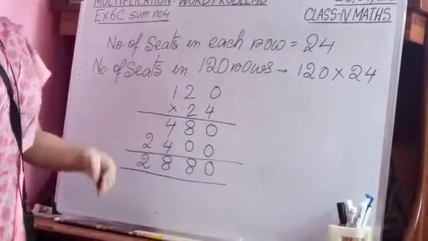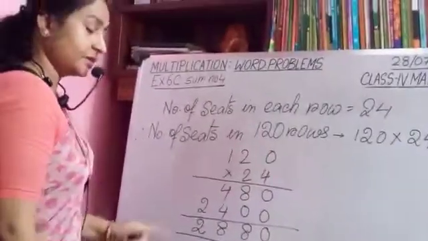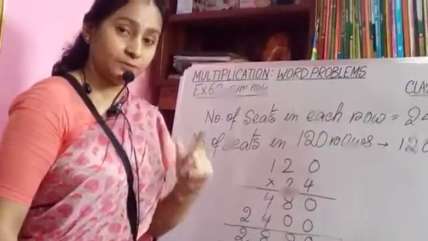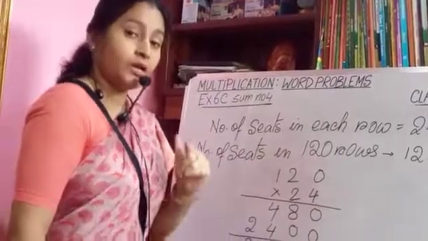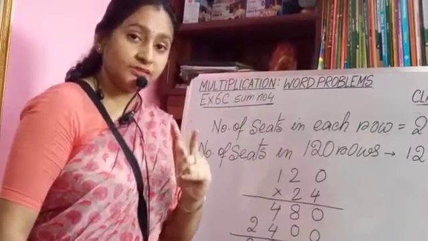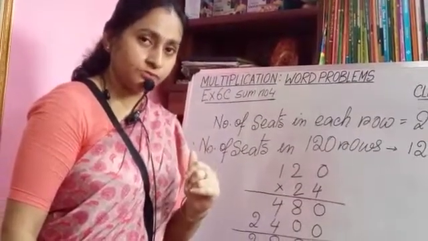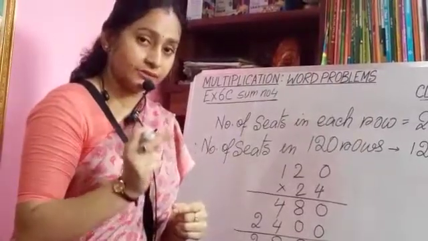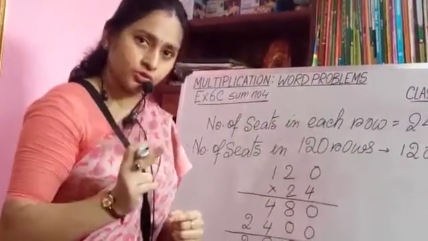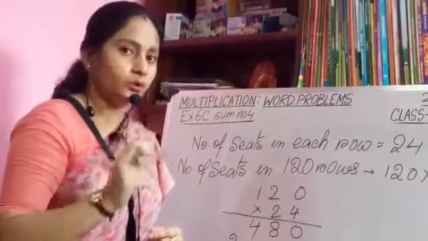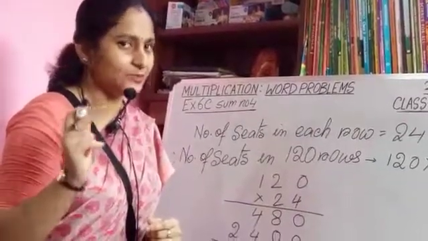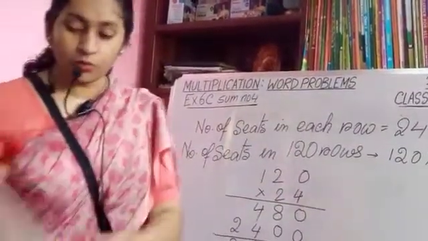Now, we have completed our sum, children. But another important thing, you have to keep it in mind that always you have to answer in a sentence. You have to always write the answer in a sentence, and that also in accordance with your question. What question has been asked to you, right? Here, what was the question?